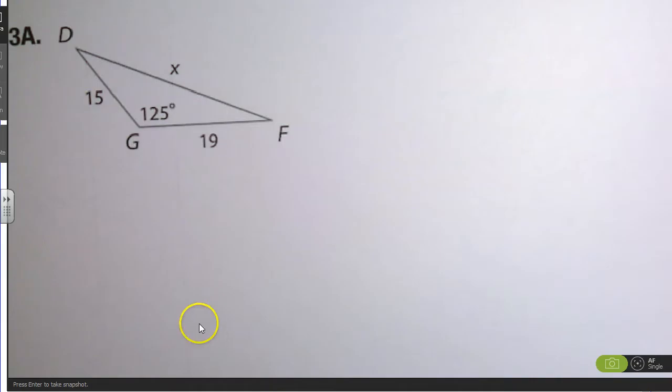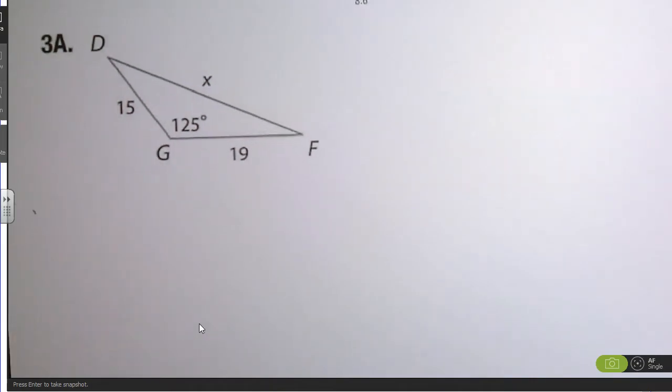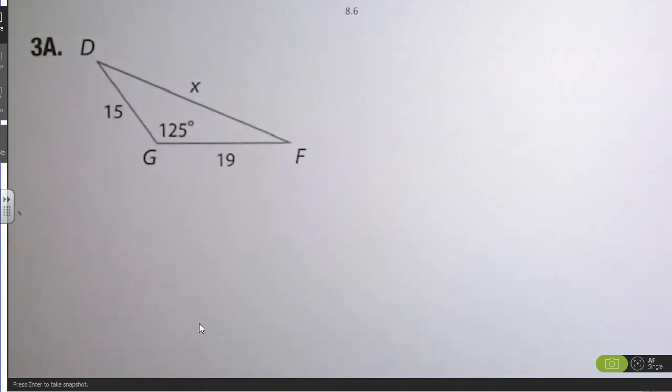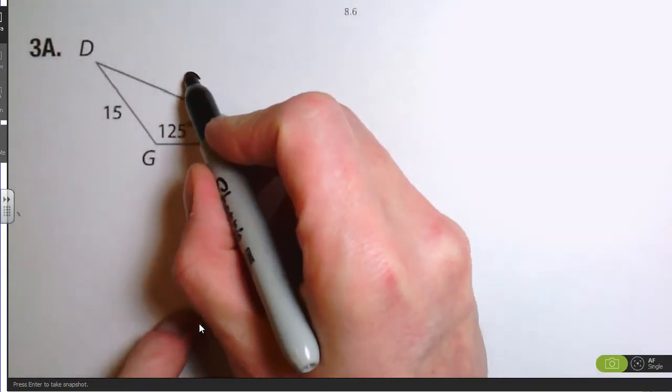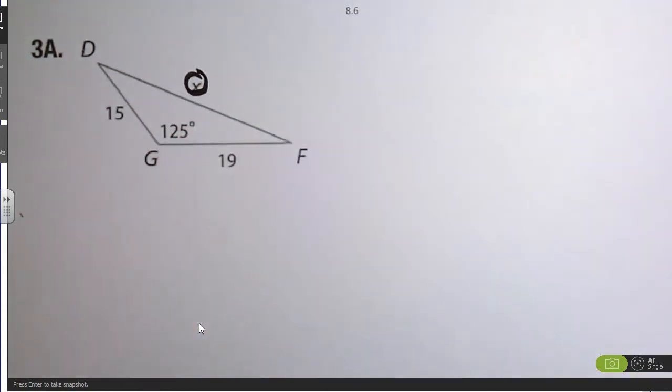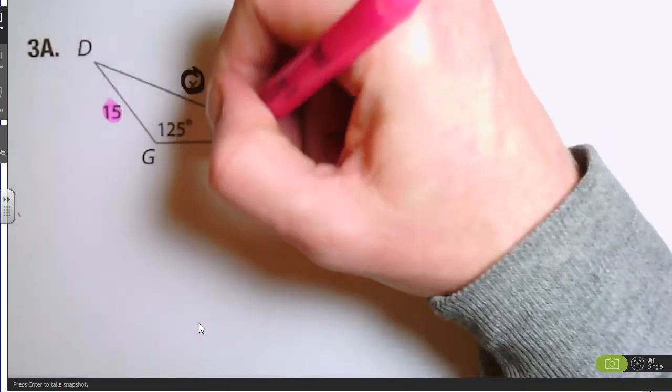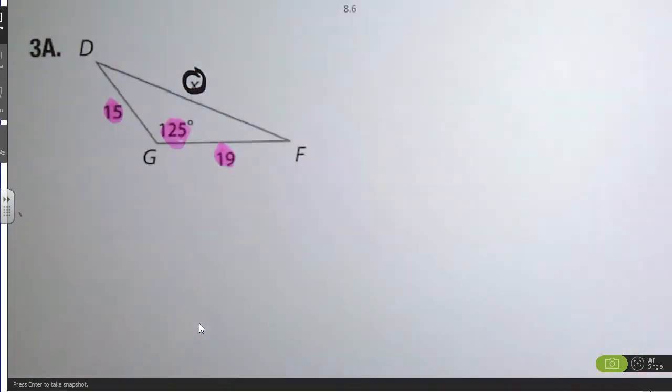So let's take a look. Okay. So I'm looking for this side. Well, do I know the two sides and angle between? Yeah, I do. I know those two.